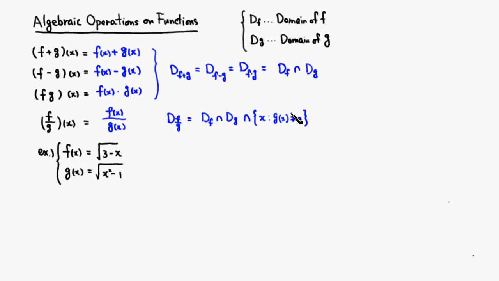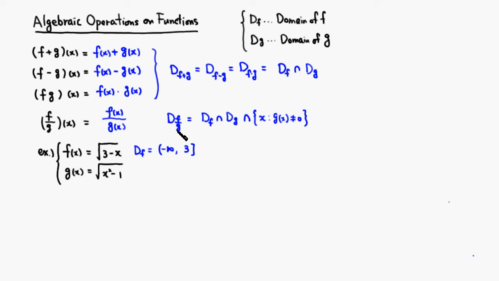Let's look at the following example. f of x is equal to the square root of 3 minus x, and g of x is the square root of x squared minus 1. Let's find the domain of each one first. For the domain of f, we want 3 minus x to be non-negative, so x has to be less than or equal to 3. We include 3, and anything below would work.